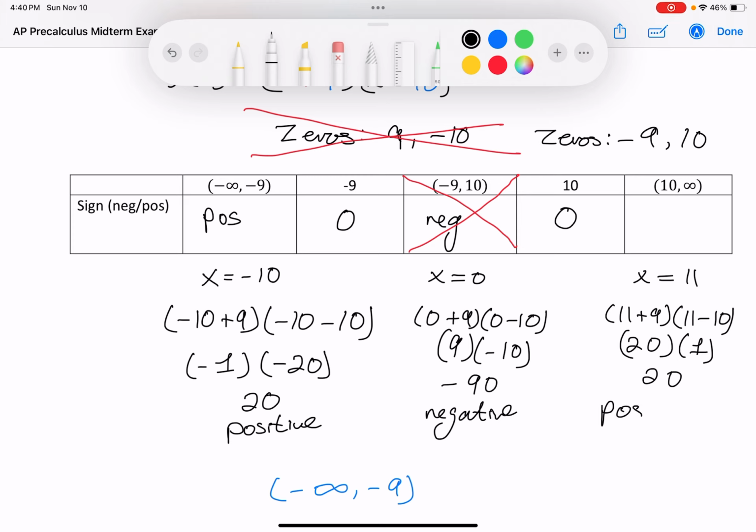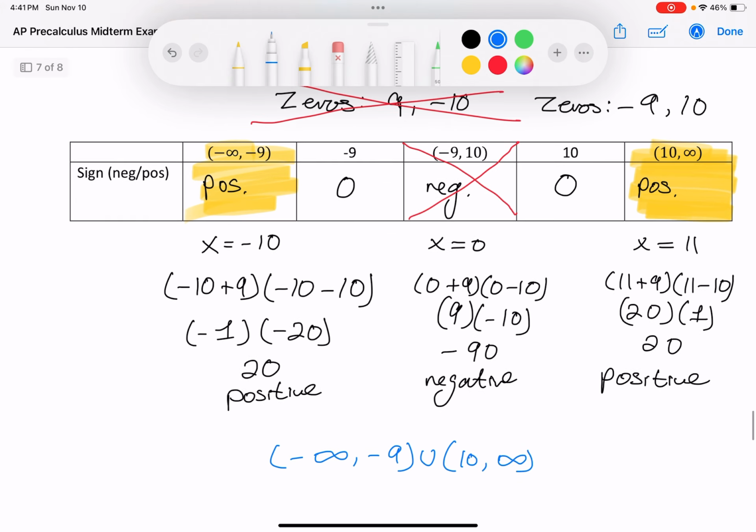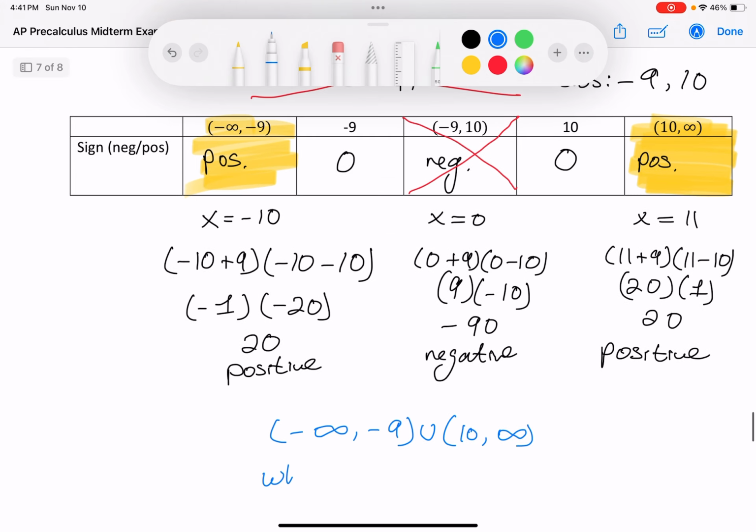That's positive. So that means this interval also is satisfied. From negative infinity to negative 9, and from 10 to infinity. Those are the intervals where the function is greater than 0.